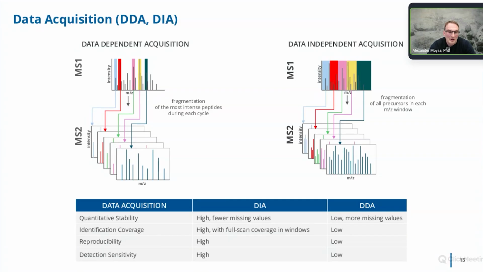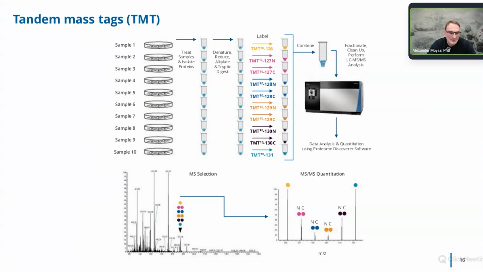Both methods are widely used for the label-free relative quantification of proteins. There is another popular approach, which is chemical labeling of peptides with isobaric tags. This method increases the throughput of analysis by pooling several samples together before analysis.